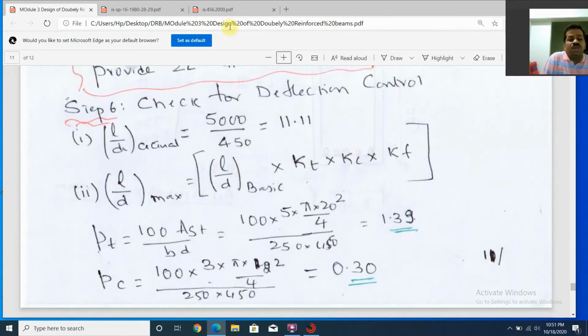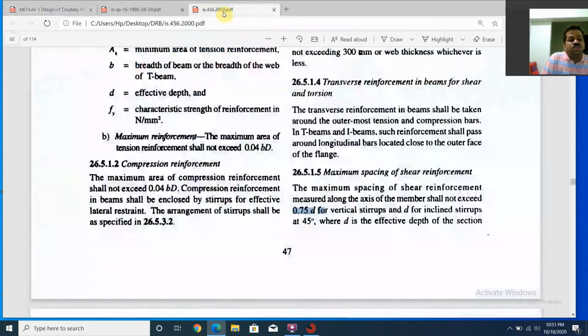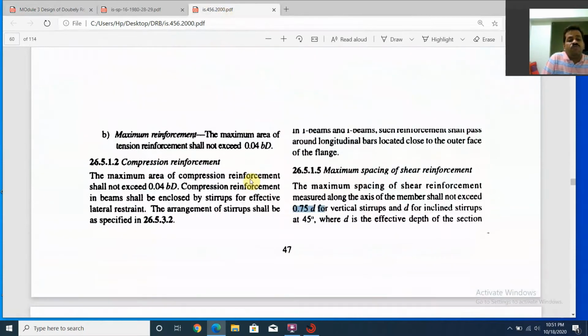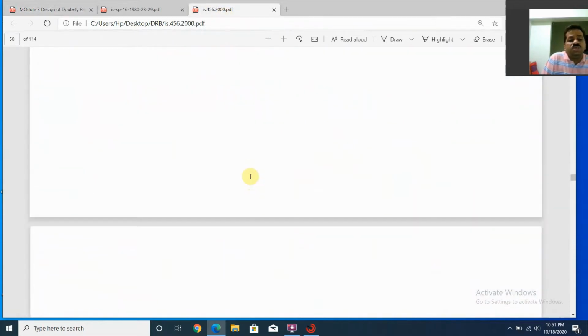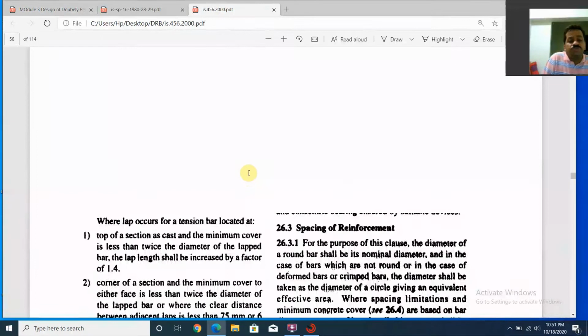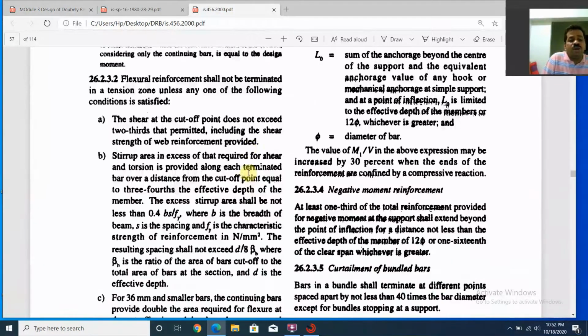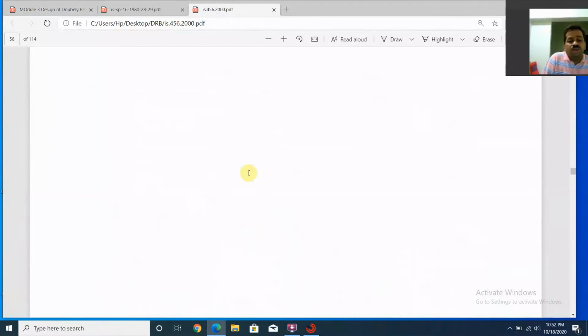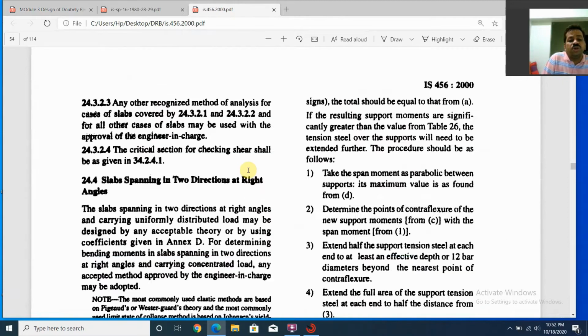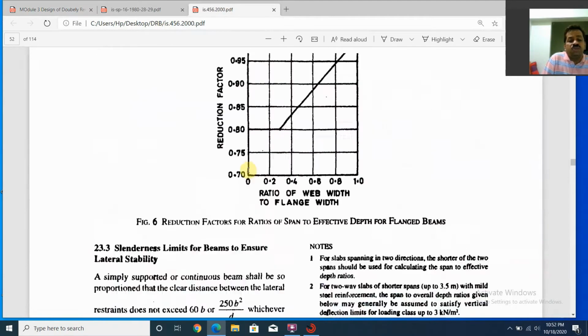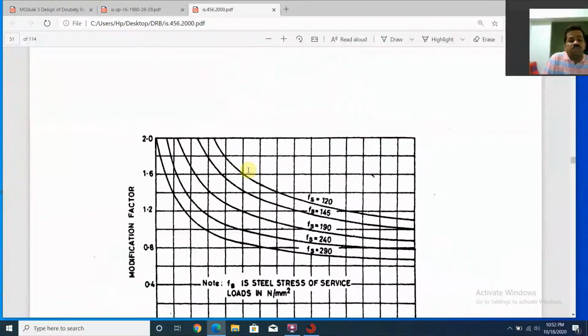Now, how do I calculate KT and KC is a step. When you refer to page number 33 of the code book, you have a graph given there. I shall show you the graph, which we already understood in the case of a singly reinforced section.